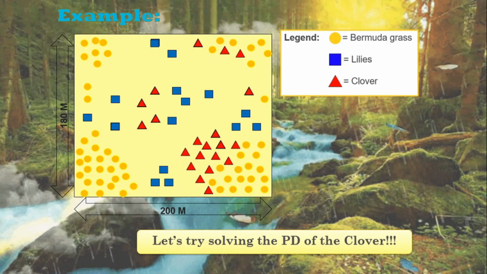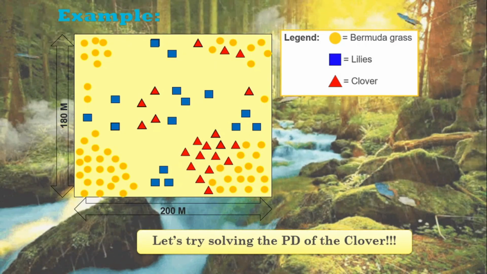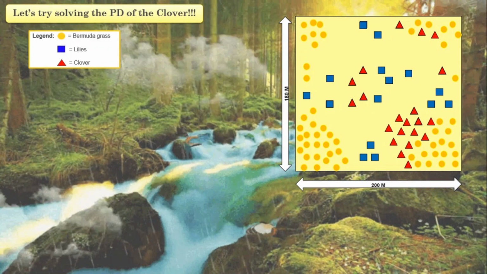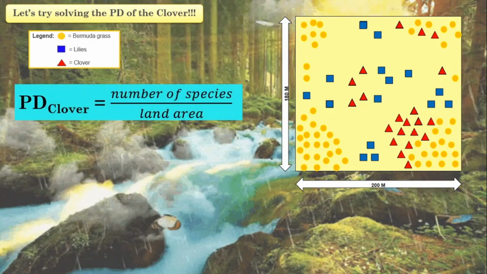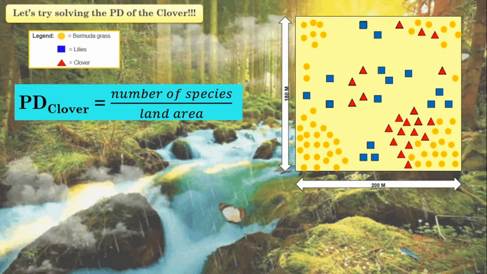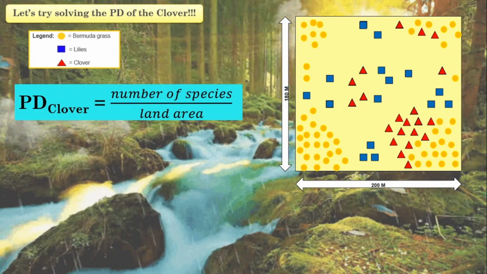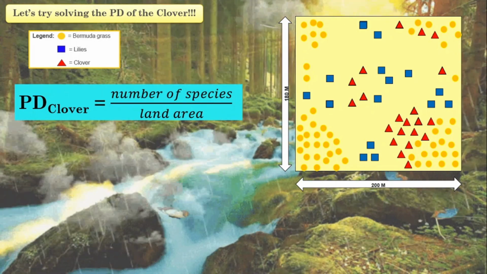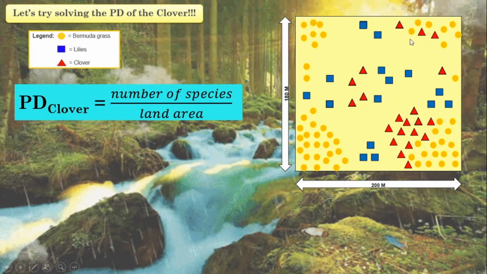Let's try solving the population density of the clover. Clover here is the red triangle. So population density of clover is equal to number of species divided by the land area. To get the number of species, count the number of the red triangles.